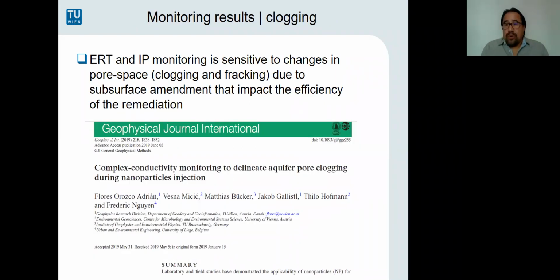So actually, we believe that the IP, ERT, electrical resistivity, conductivity, or reduced polarization imaging, are sensitive to changes in the pore space at the field scale associated with the injection of particles. And we believe that this information can be used to take decisions on site in real time to redesign the injection of the particles and improve the efficiency of the remediation.